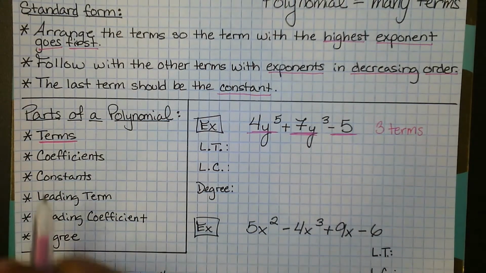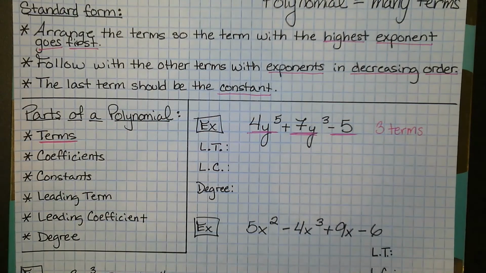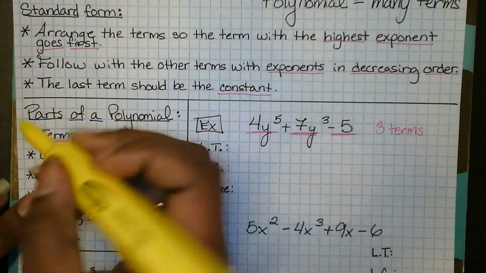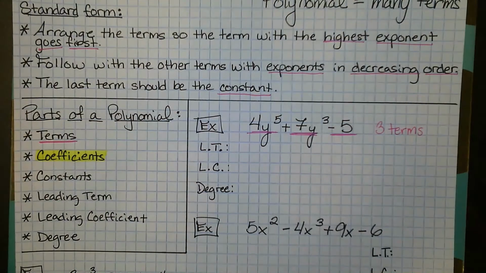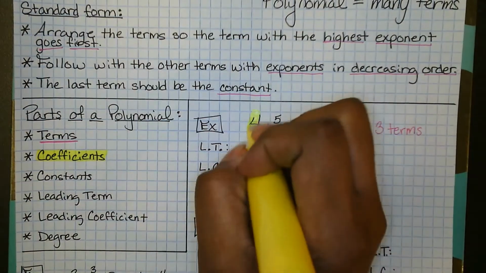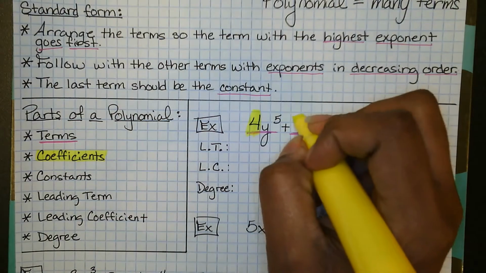And then that leads us to the next word, which is your coefficients. So I'm going to highlight our coefficients. Coefficients are the numbers in front of the variable.